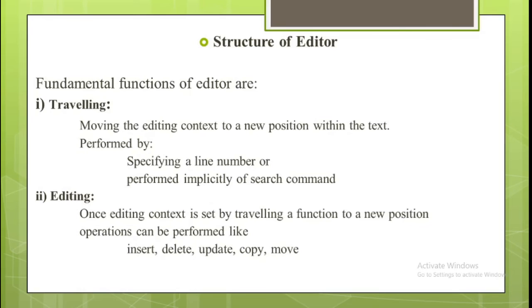Now we will see the structure of the editor. The fundamental functions of editors are, first, traveling: moving the editing context to a new position within the text. That is, you are able to move to a particular context. This function may be performed explicitly by specifying a line number, or implicitly by a search command.